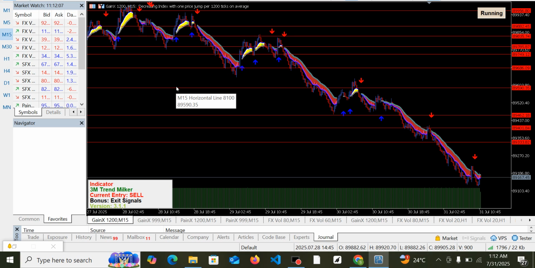It is either there is a breakout above the resistance zone or there is a change in direction of the trend. If there is a breakout above it, it only means that the market will keep on buying at that particular point. But if there is no breakout above it, then there will be a change in the direction of the trend. And of course, guys, you can see it's changed the direction of the trend.